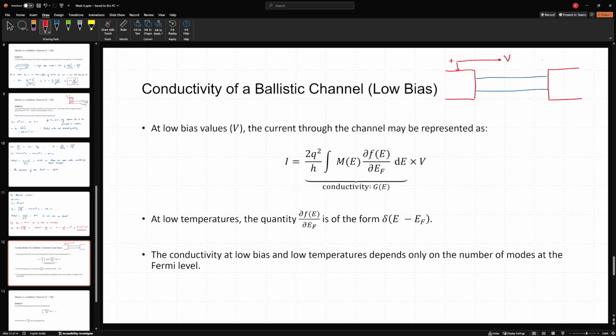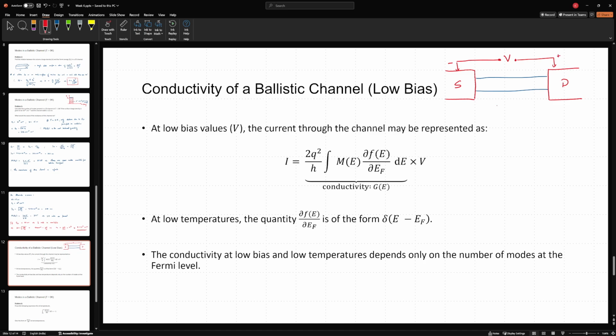So this is the direction. This is my source, this is my drain, and this is going to be minus then.